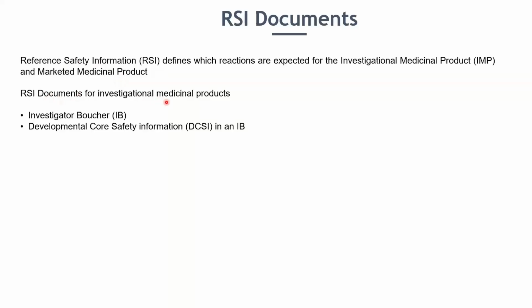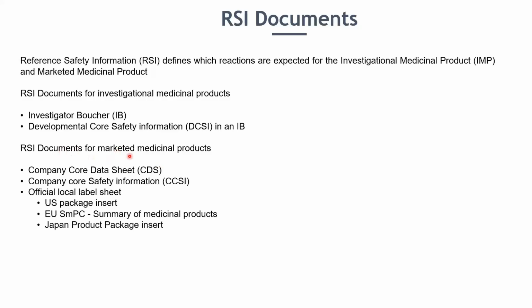For investigational medicinal products, that means the products which are in clinical trials, the documents which we refer to for the labeling assessment, expectedness assessment, or listedness assessment are the IB and the DCSI, that is Investigator Brochure and Development Core Safety Information. These are the documents which we use to assess the unexpectedness of any event for investigational medicinal products.